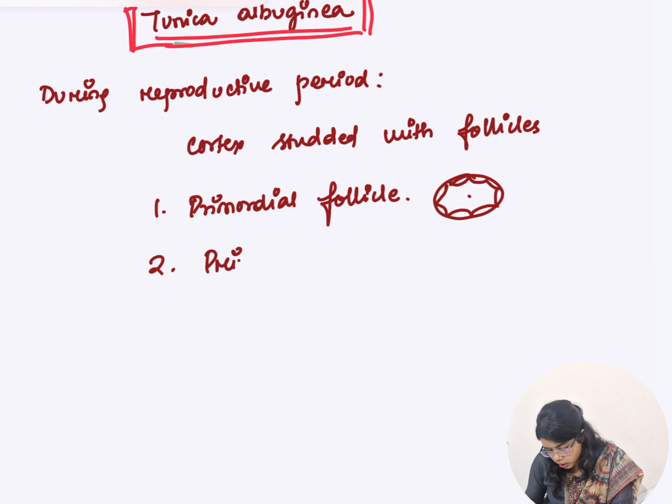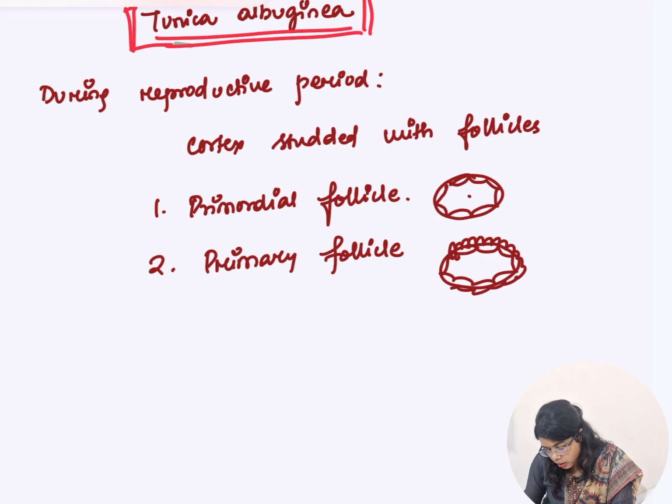Then the primary follicle. What do you mean by primary follicle? It means when there are 2 to 3 layers, like this, then another layer, and another layer. Okay, then this is called the primary follicle.